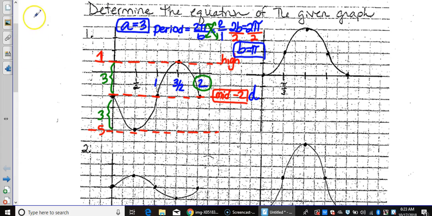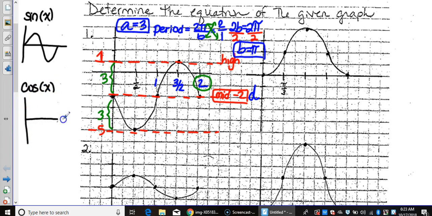To know whether or not this is sine or cosine, we have to recall that in general, sine of x looks like that. And cosine of x looks like that.